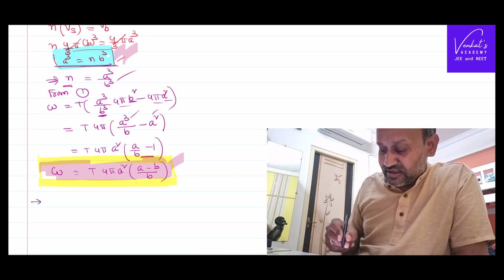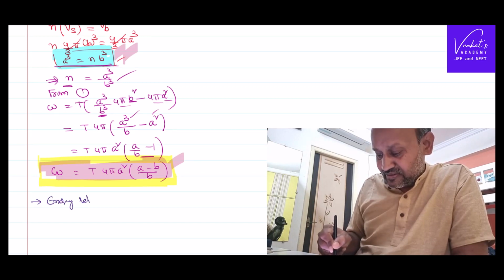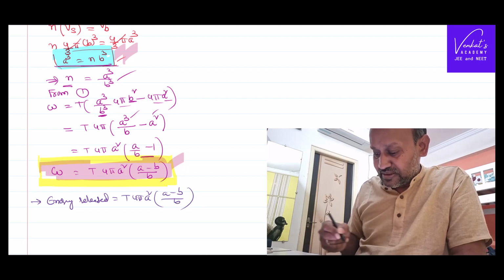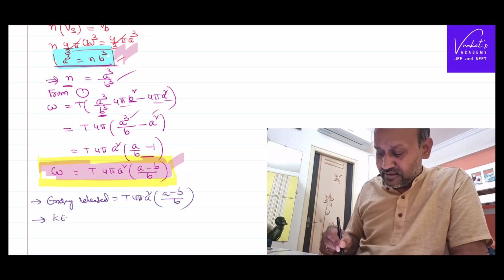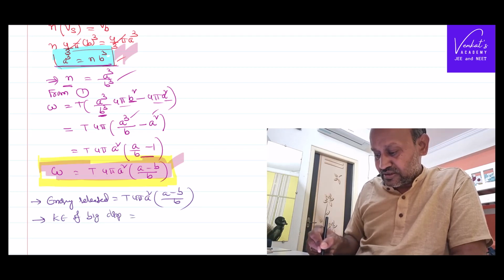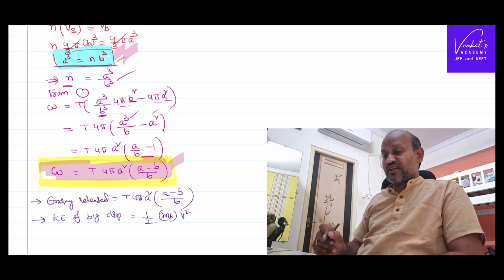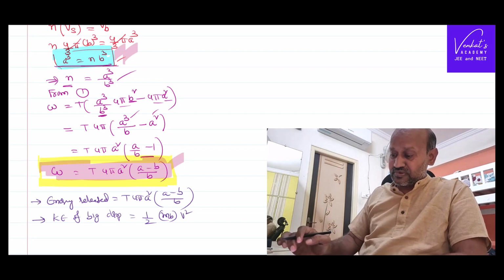So the energy released in this process is what we have measured just now as T 4 pi a square of a minus b by b, and kinetic energy of the big drop is half mass of the big drop into velocity square. We need to calculate the velocity of that big drop.